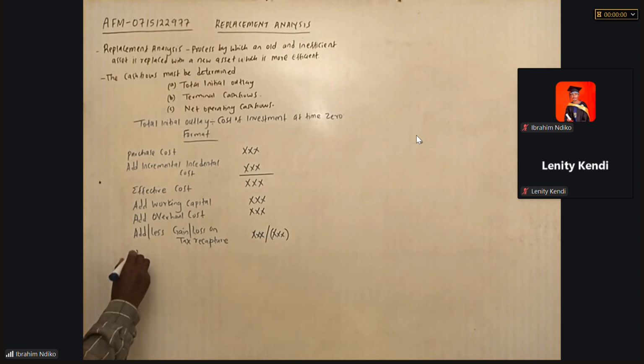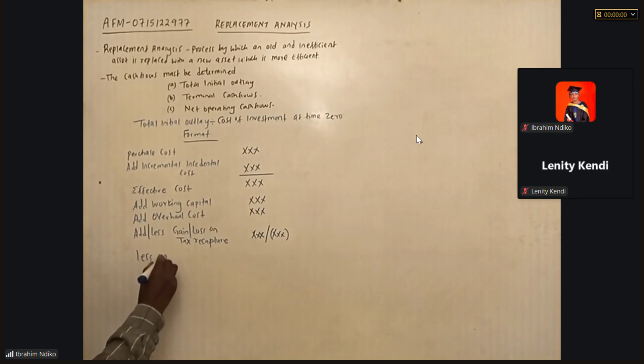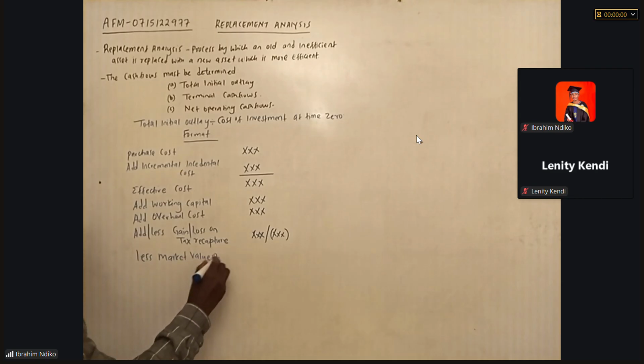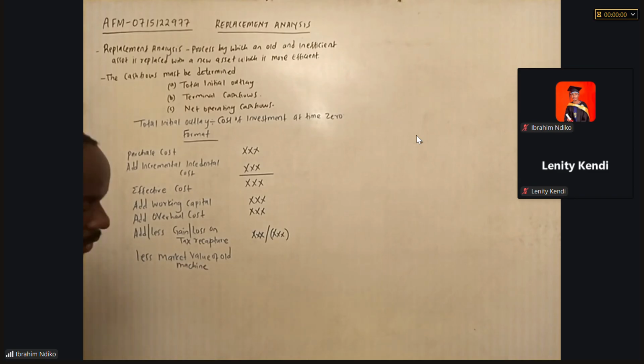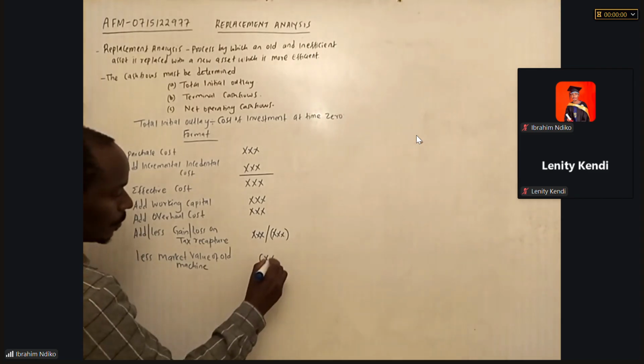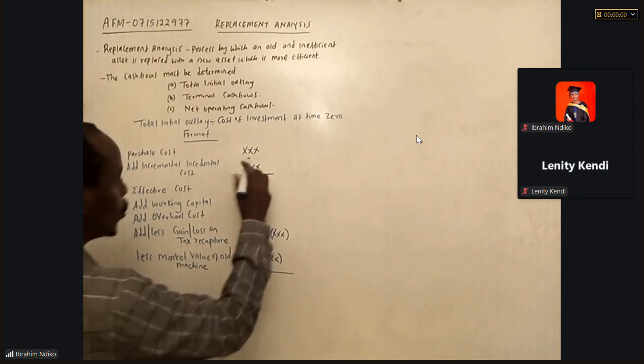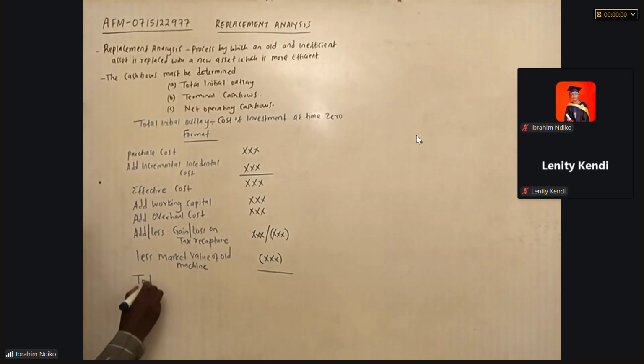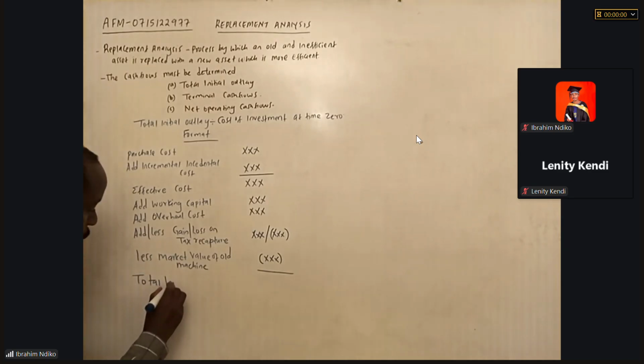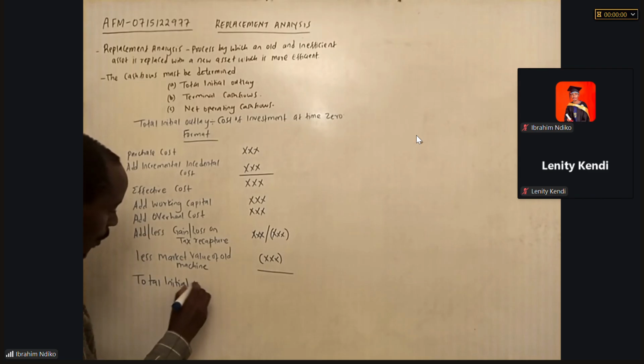Then we less the market value of the old machine. So the machine that we are selling, if we are doing replacement, we need to less the market value. Then we shall get our total initial outlay.